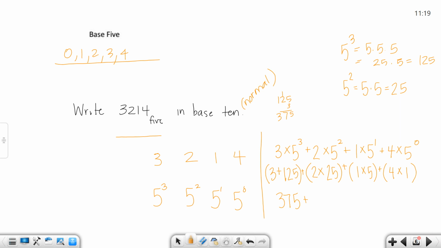2 times 25, I think of those like quarters. 2 quarters would be 50. Then 5 and 4. So I'm going to add 375 plus 50 plus 5 plus 4, which would be 429.